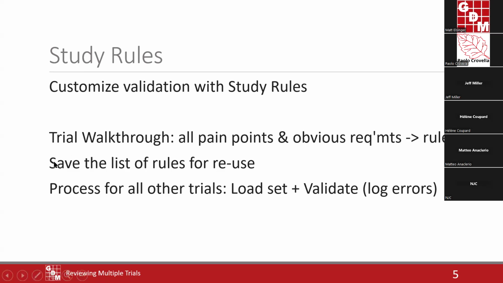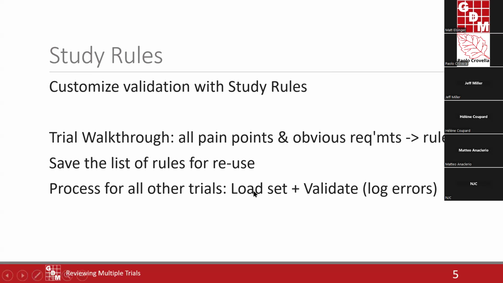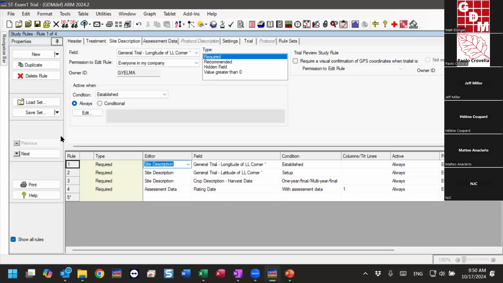Then save that list of rules so it can be used again and again in all of the similar trials. That puts those into a file that you can load again and again. Although you can't do a batch of trials automatically, it can be fairly quick once you have that report set created. Let's walk through that real quick.